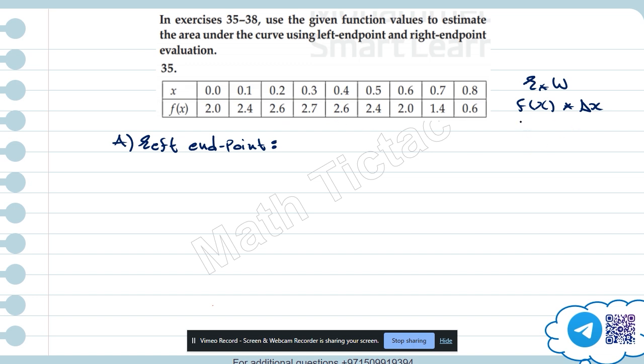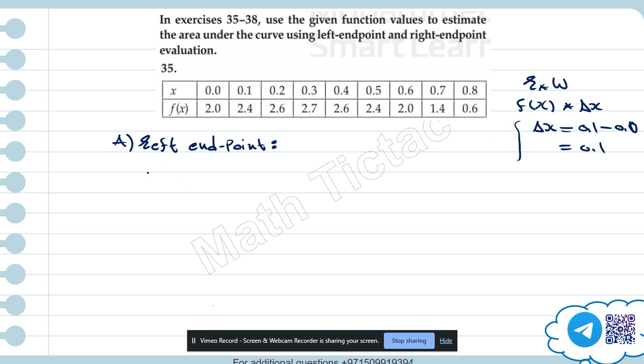First of all, you have to find delta x. You can take any two consecutive values from the x's over here, for example 0.0 and 0.1, or 0.1 and 0.2, whatever. So I can take 0.1 minus 0.0, which is equal to 0.1.